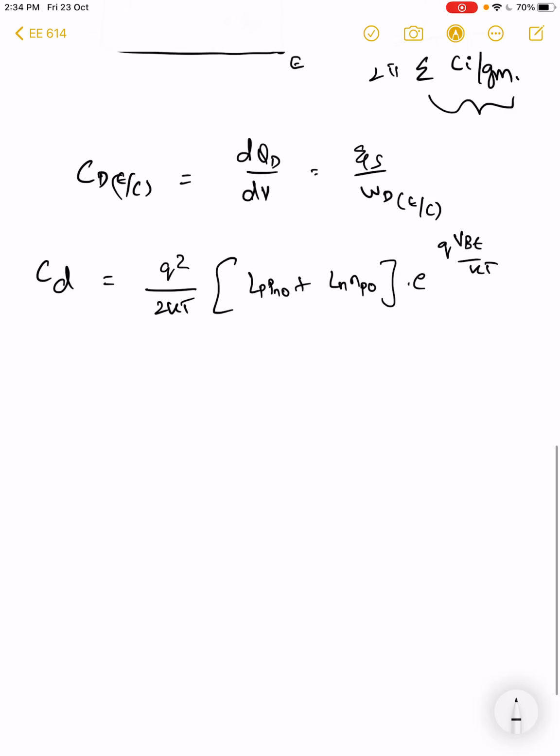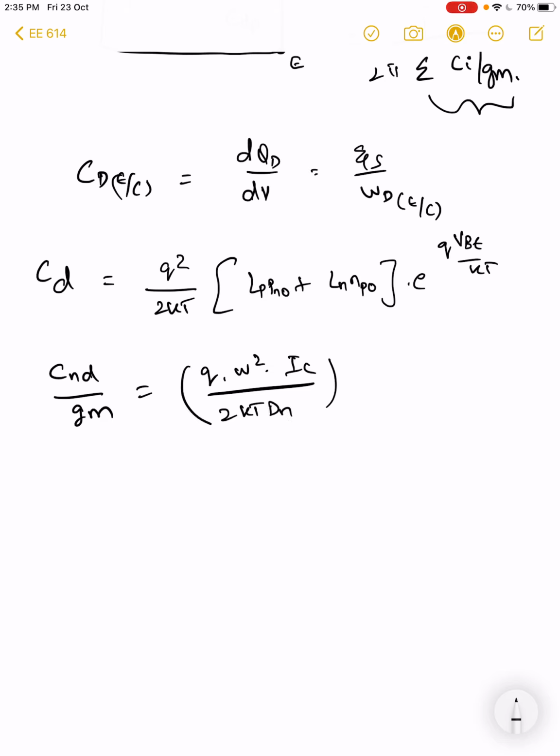So from this we know that CD by Gm, because this is the term that we want to find, will be q W square Ic by 2 kT Dn by Gm, because you can replace np naught e power qVBE by kT by Ic. So this turns out pretty straightforward.